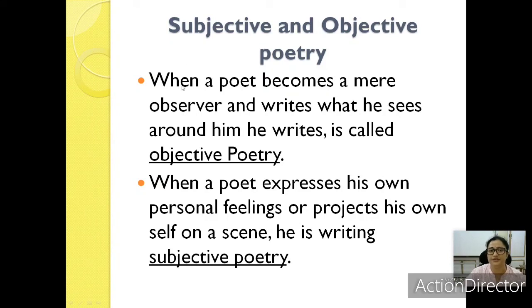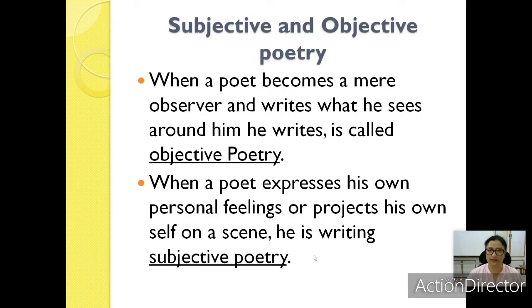Now let us read what it says. When a poet becomes a mere observer and writes what he sees around him, that is called objective poetry. When a poet expresses his own personal feelings or projects his own self on a scene, he is writing subjective poetry.